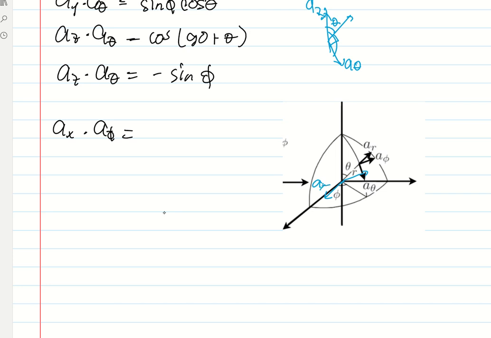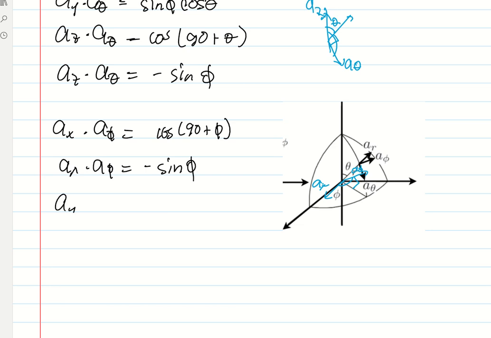This is ax, this is a phi. So what's this angle? This angle will be equal to 90 plus phi, because this is 90 degrees here, and plus phi. So this will be cosine of 90 plus phi. But again, cosine of 90 plus phi is just equal to negative of sine phi.